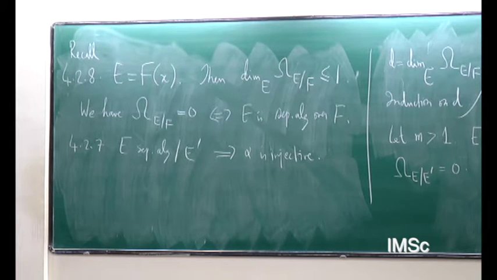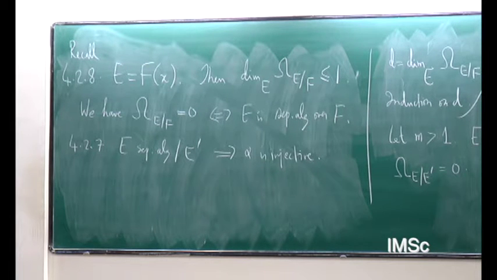Let's just quickly recall the proof of that. How did we do this? We want to say this is injective, which means that the sequence is exact. That is equivalent to showing that after I apply Hom, the resulting map that I get on derivations is onto.